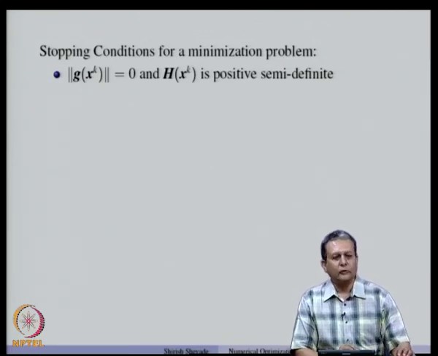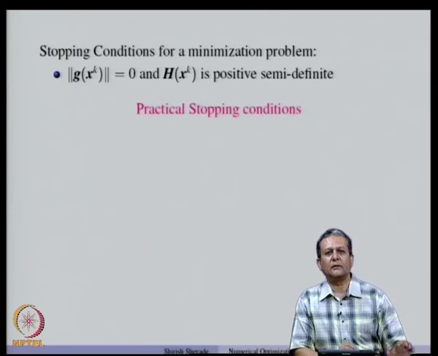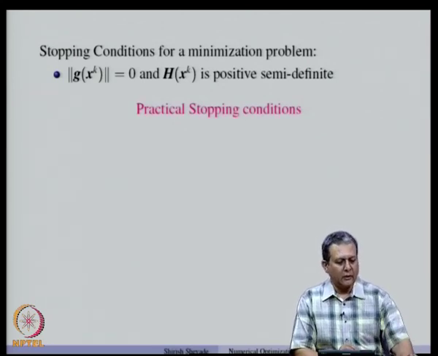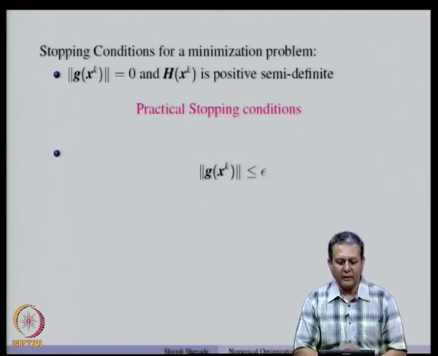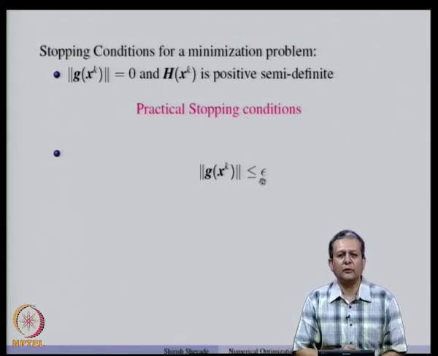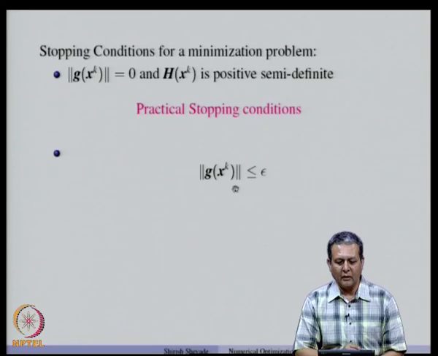We will study some practical ways of determining these stopping conditions. One of the first conditions that one can think of is that the norm of g of x k is less than or equal to epsilon, where epsilon is a small positive quantity that is defined by the user. In many algorithms we will see this kind of condition being used.